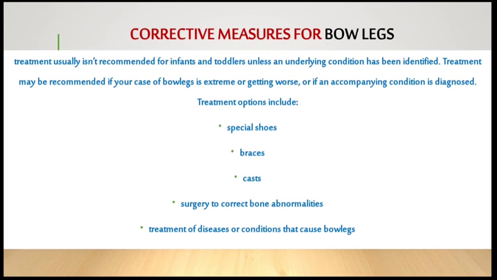Treatment may be recommended if your case of bow legs is extreme or getting worse, or if an underlying condition is diagnosed. Treatment options include special shoes, braces, casts, surgery to correct bone abnormalities, and treatment of the disease or condition that causes the bow legs.